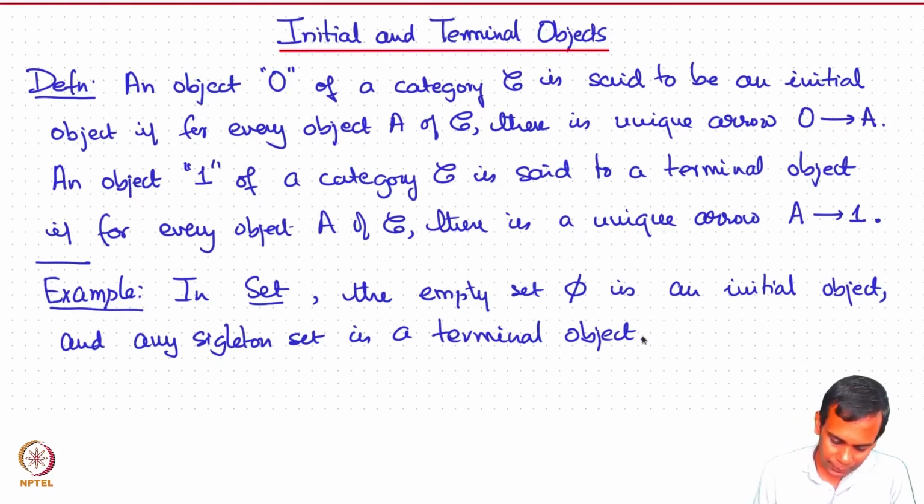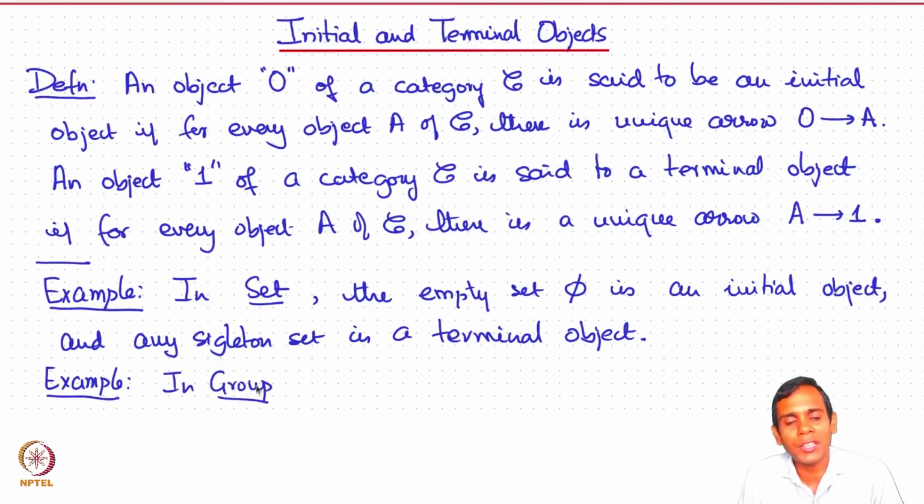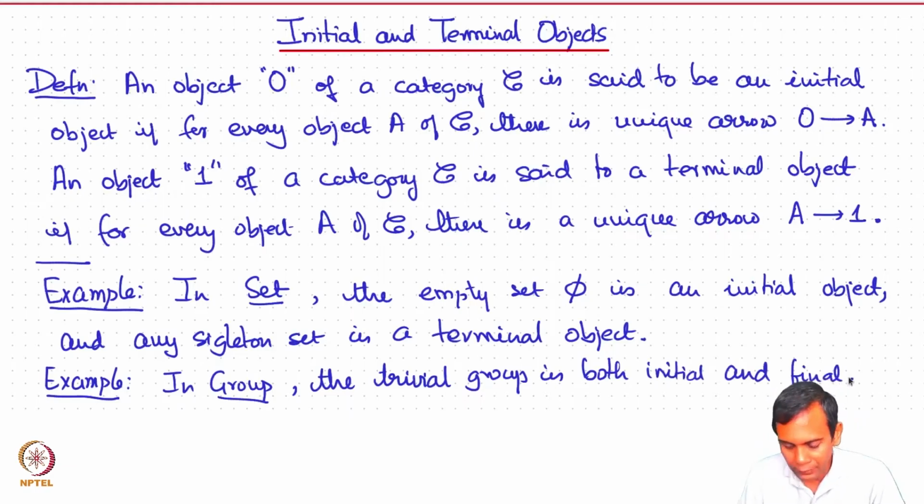Let's look at another example, the category of groups. So we have this group called the trivial group, which has only one element, namely the identity element. And that is an initial object and a terminal object. Well, if you have the trivial group, it has only an identity element.